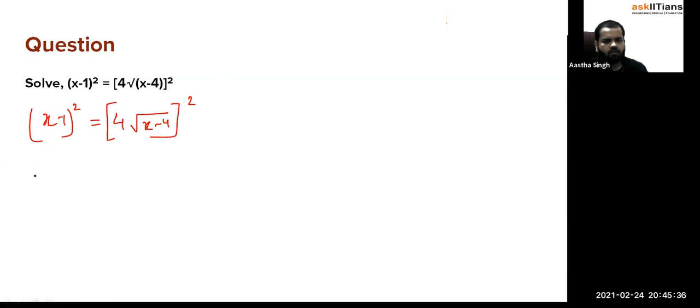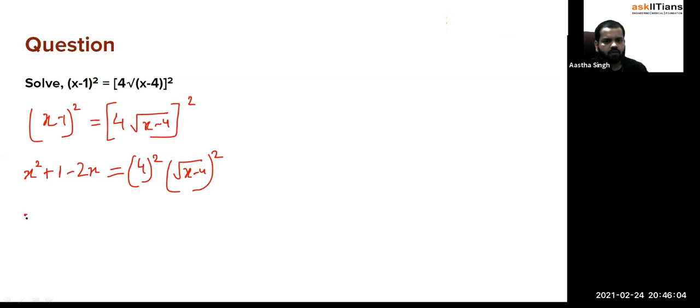So x minus 1 whole square, then your LHS will be x square plus 1 minus 2x. I think you all know the formula of a minus b whole square, right? The 4 square individually under x minus 4 whole square, right?